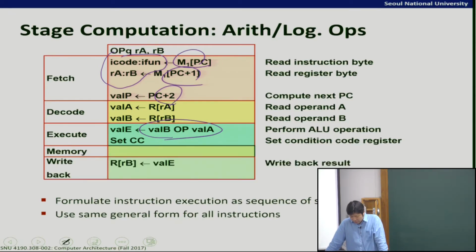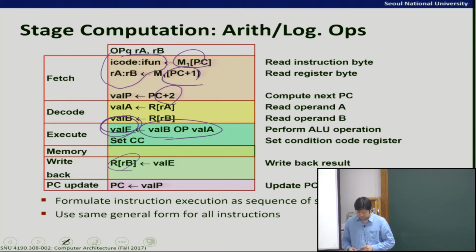In write back, you update the value of the RB register with valE, computed here, so you overwrite RB with valE. And in PC update, you update the PC with valP, which was computed here as PC plus 2.